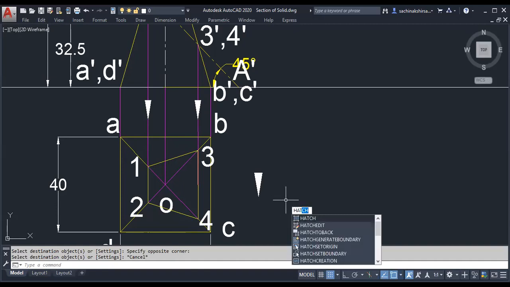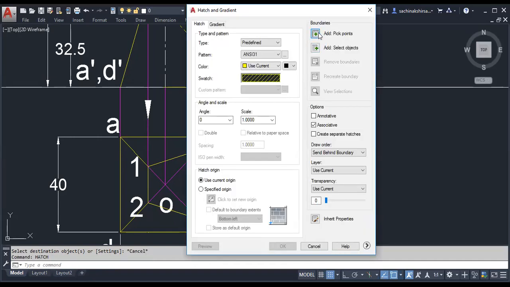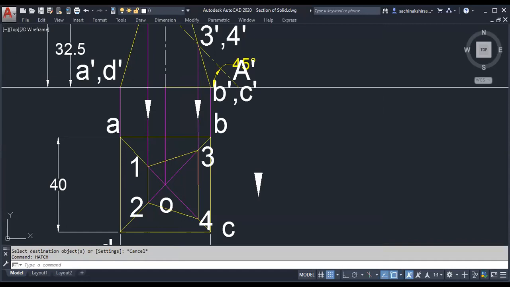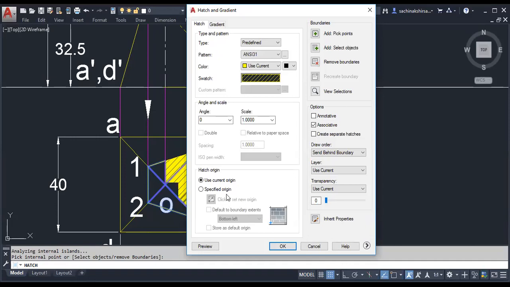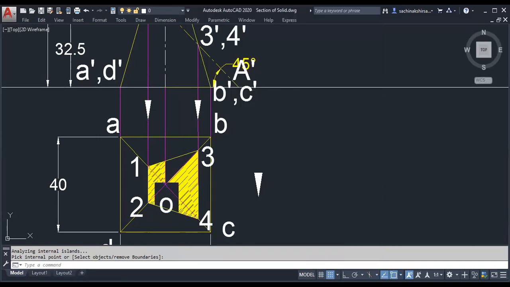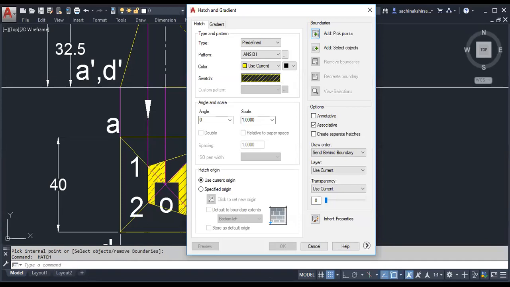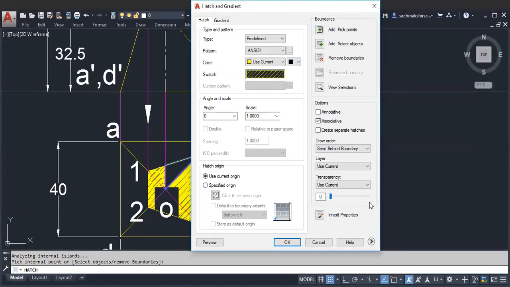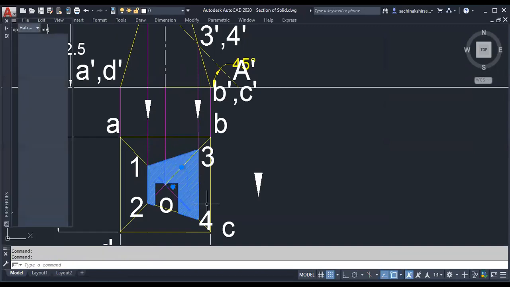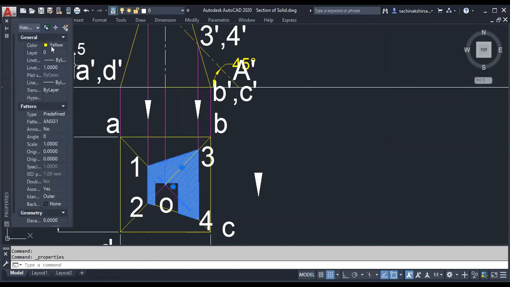As we have seen before, here we have to show hatching lines.